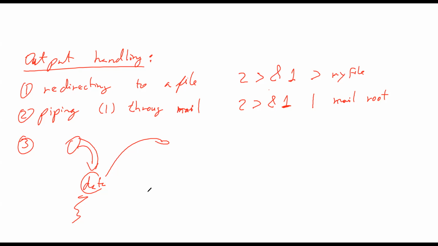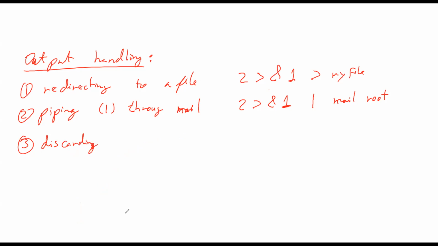We'll take a look at what that usually is. It's a place where you can throw something and it just goes away. So let's call this one discarding. That's another area of output handling.